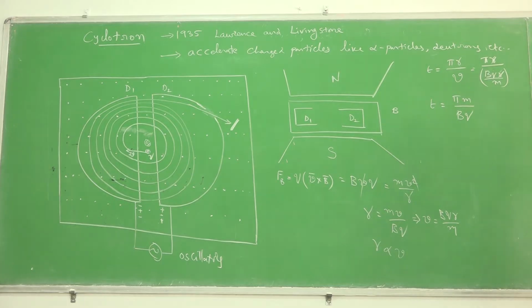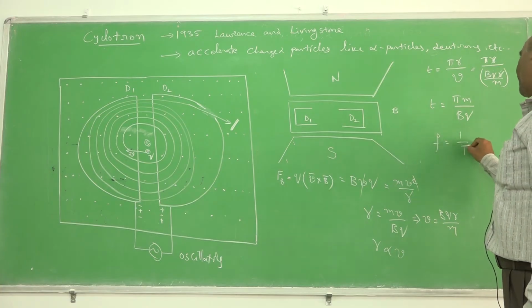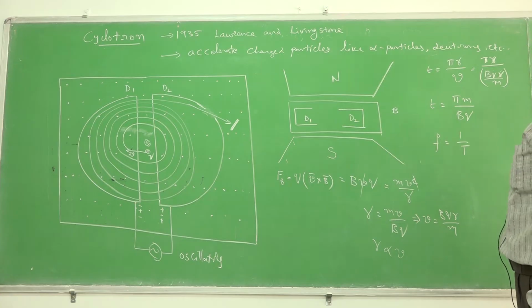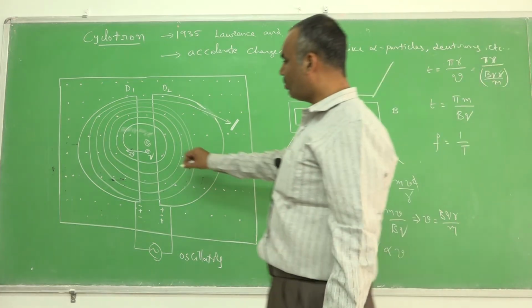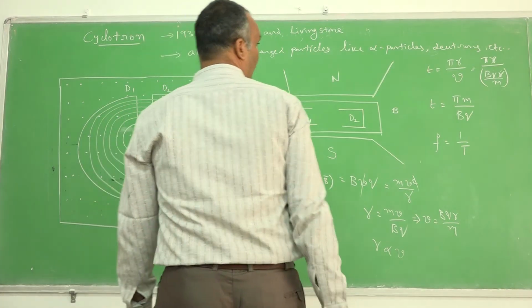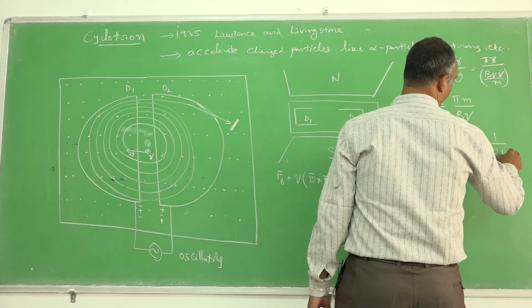How to calculate frequency? Frequency of the oscillator is 1 by time period. Time period means time taken for one complete rotation. Complete rotation means it has to complete this half circle, and again a half circle over here. So you can take it as 1 by 2t.